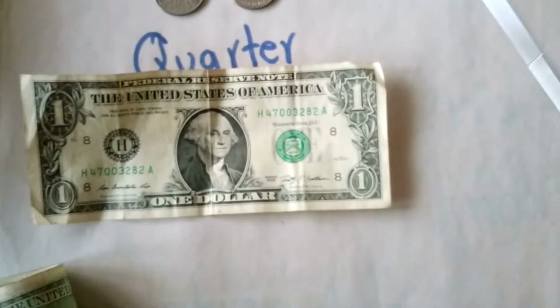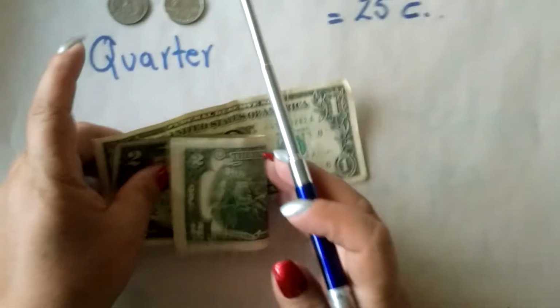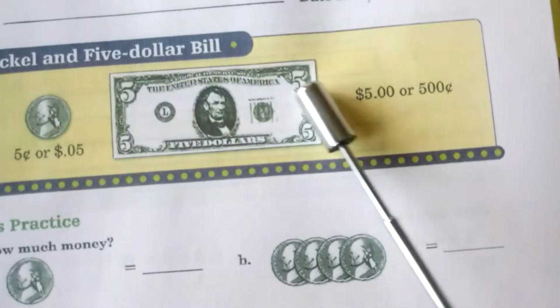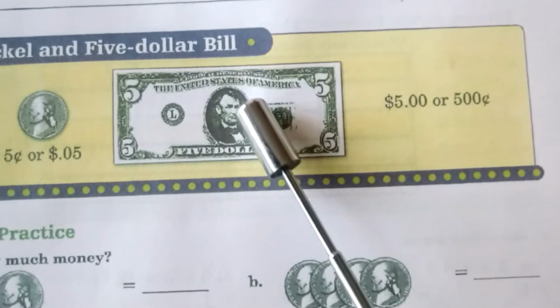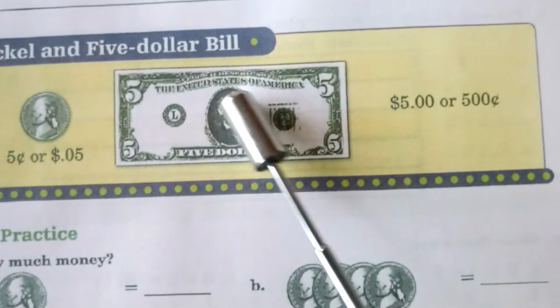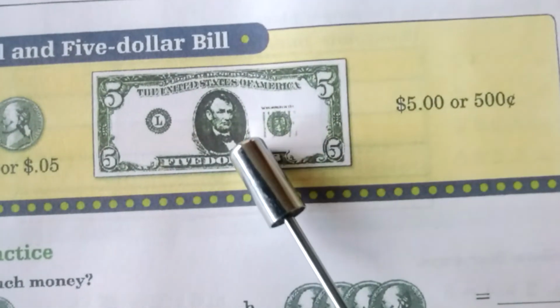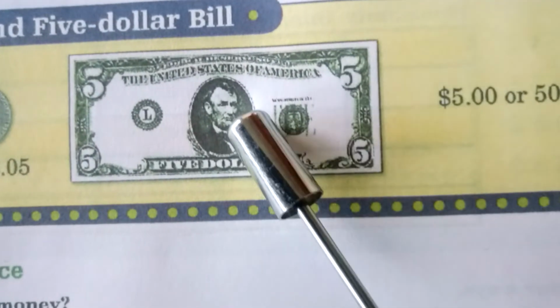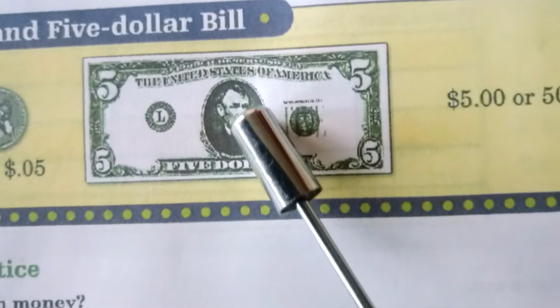I don't have the $5 bill, but here in our book we have it, $5 bill. The face is President Abraham Lincoln, and you have to recognize this, okay?